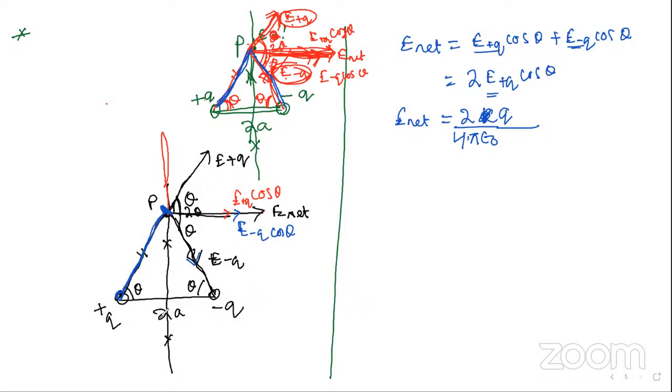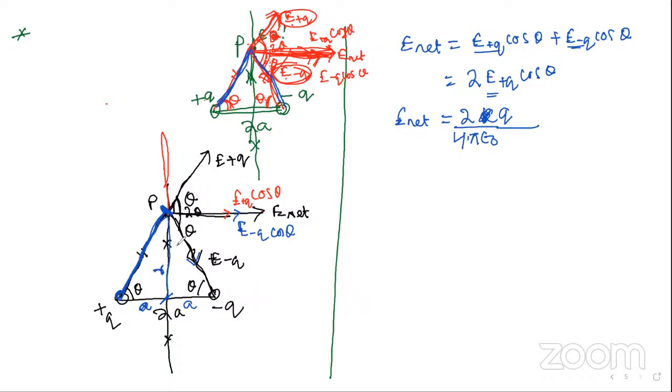So how will you find this distance? Now, the distance between minus Q and plus Q is 2a. So what will be half the distance? This is a, this is a. Let's say the perpendicular distance is r. So what will be this distance? This is r, this is a.